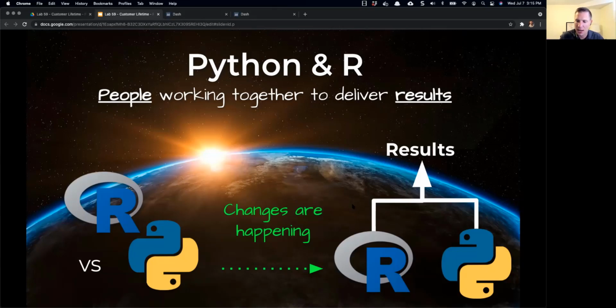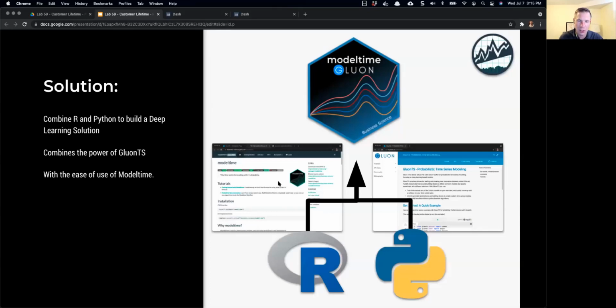What I'm seeing is that there are some new technologies that are advancing that allow us to connect both R and Python up, and this allows us to get results. So this was before R versus Python. Now what I'm seeing is R and Python working together. Here's a specific example of what I'm talking about. Back in November of last year, I developed in R the system called Model Time for forecasting. It's really powerful.